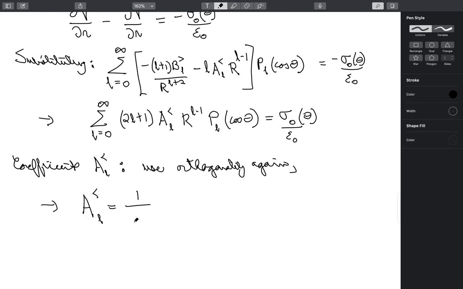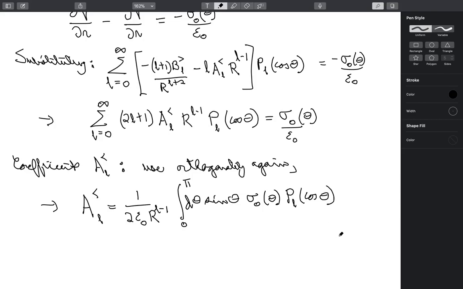So it gives me 1 over 2 epsilon 0 R to the L minus 1, integral from 0 to pi d theta sine theta of the sigma 0 of theta that I had times the known PL of cos theta.